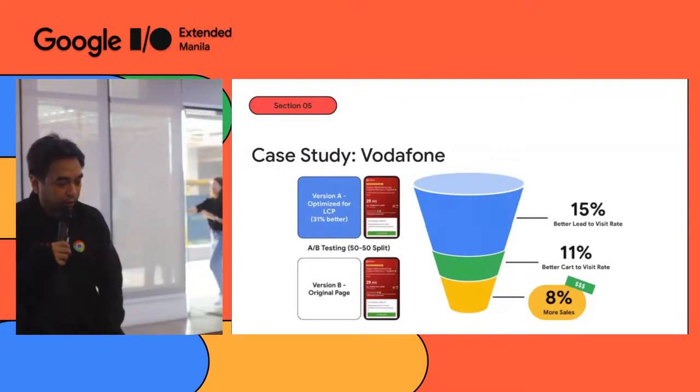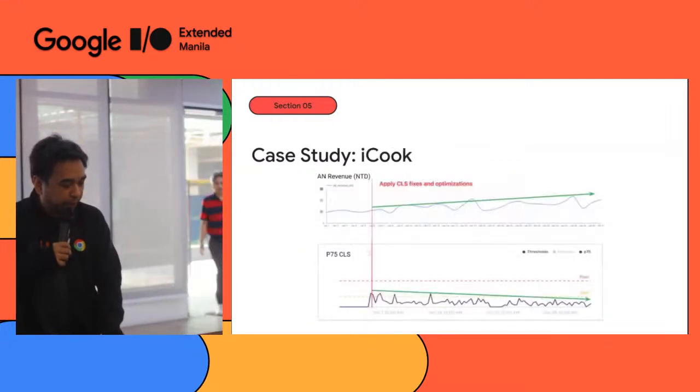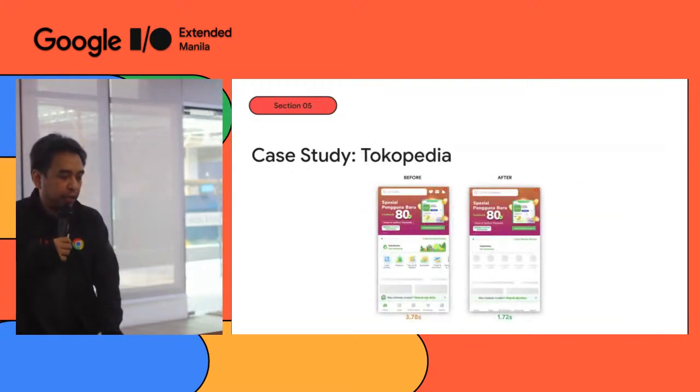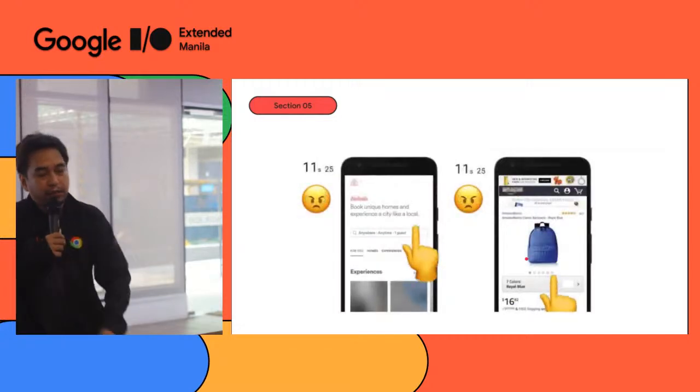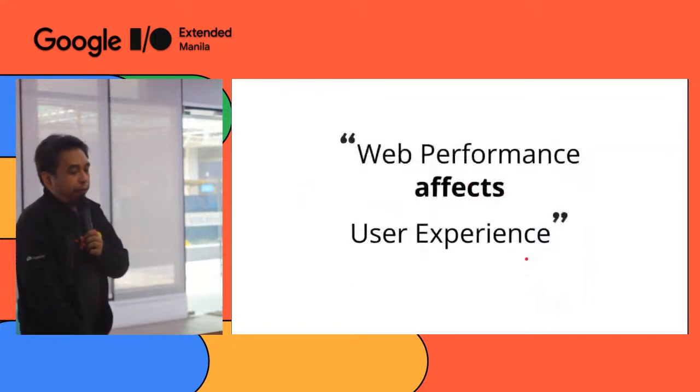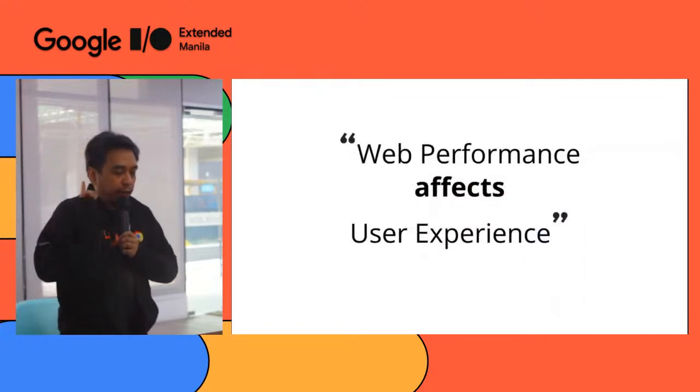So yeah, like Vodafone, iCook, Tokopedia, from 3.78 seconds to 1.72 seconds. Ayaw nga natin ng ganito. So, yeah. So, web performance affects user experience. So, just remember that.